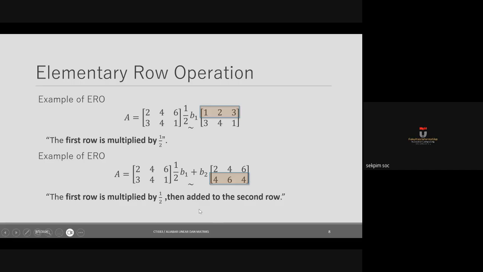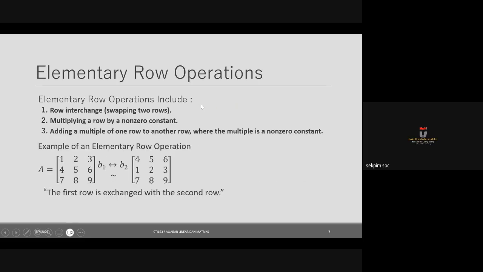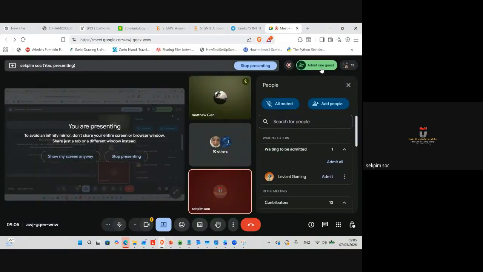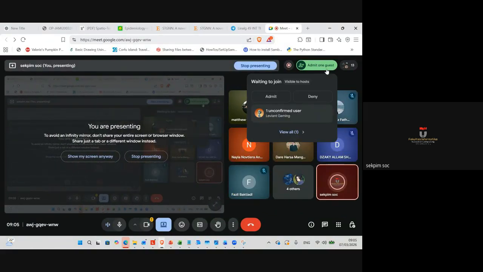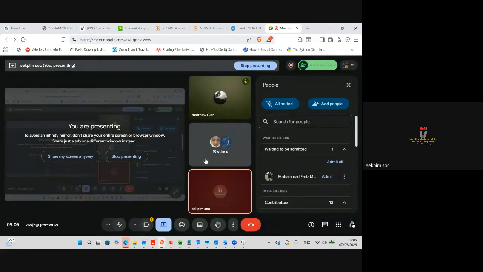So basically you add the second row with half of the first row, or the first row is multiplied by half and then added to the second row. Okay, that's the example. So remember that elementary row operations consist of only 3 kinds.